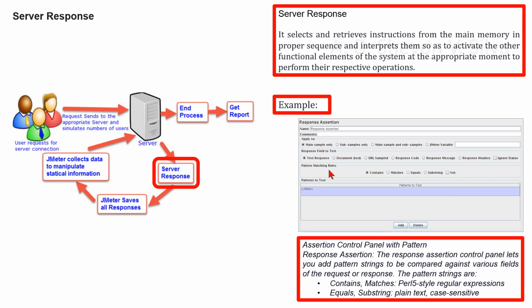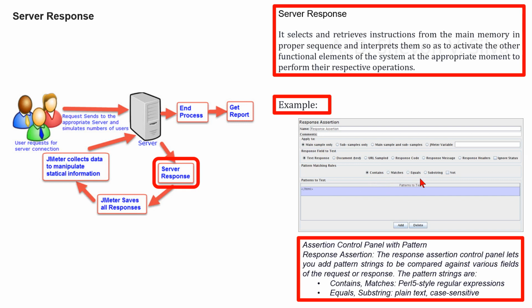Now here you can see the pattern matching rules. This attribute indicates how the text being tested is checked against the pattern. Contains is true if the text contains the regular expression pattern. Matches is true if the whole text matches the regular expression pattern.